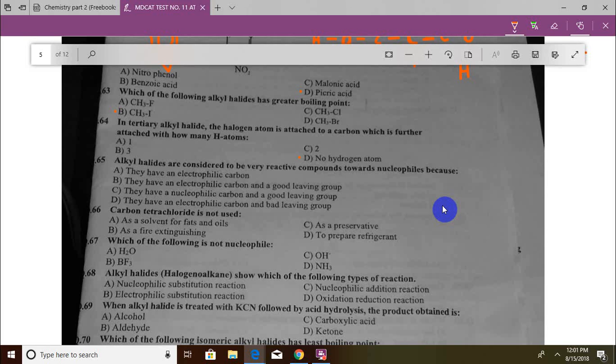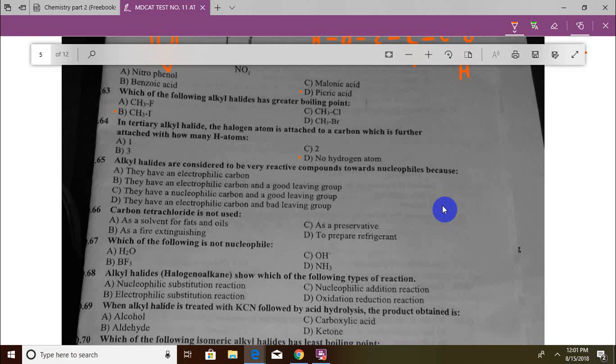Now when we talk about an alkyl halide, the carbon is the part that is attached to the halogen, and we know the halogen to be considerably more electronegative, and so it sort of siphons off a lot of the carbon's electron density and leaves it with a partial positive charge.